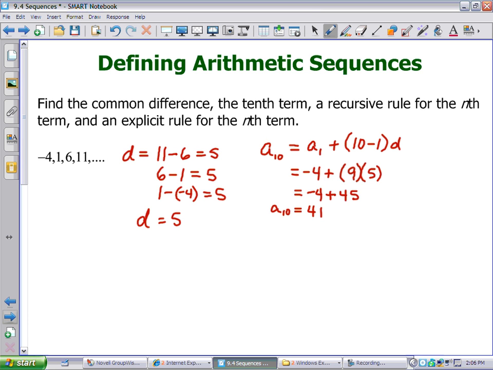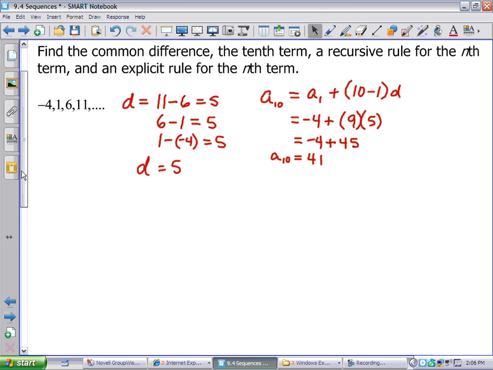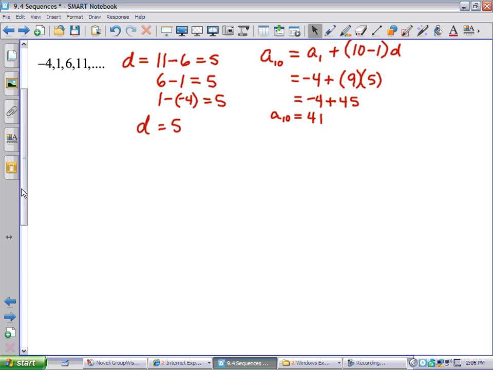So we found the common difference, we found the 10th term. We need to write a recursive rule. If you go back to the definitions we had above, the recursive rule says that you have a sub n equals a sub n minus 1 plus your common difference.